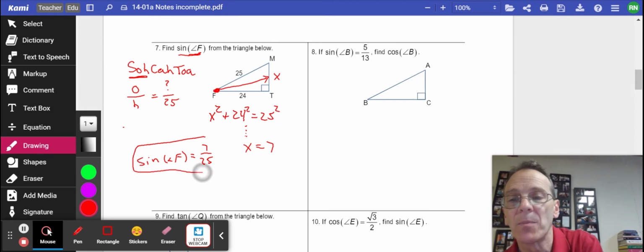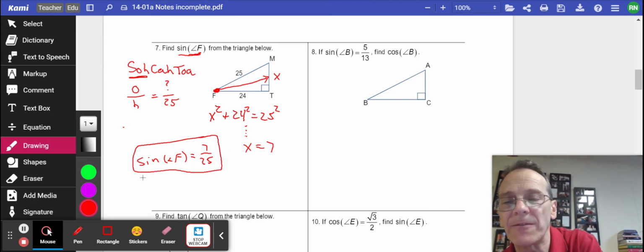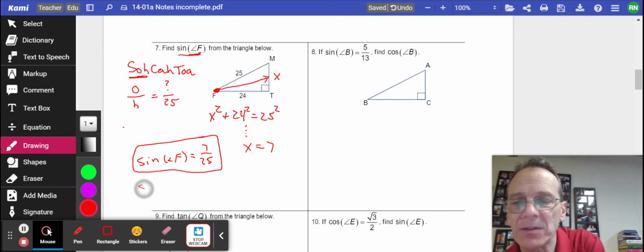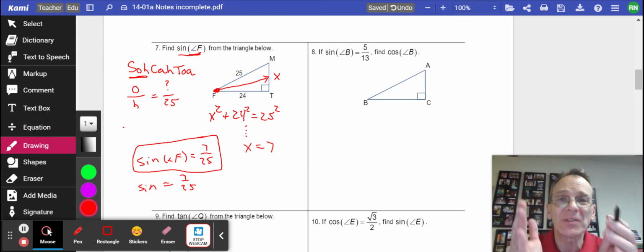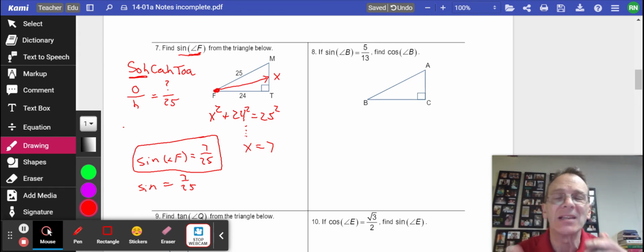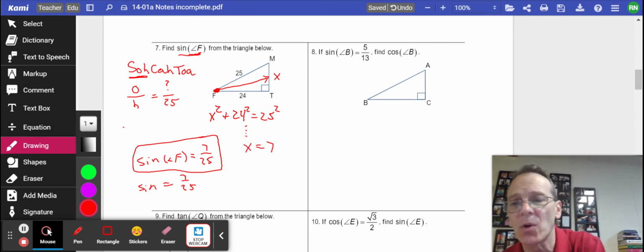But I want to point out that if you write something like this, sine equals 7/25, that equation there makes no sense. The letters SIN without parentheses and an input is meaningless mathematically. So this would be bad.